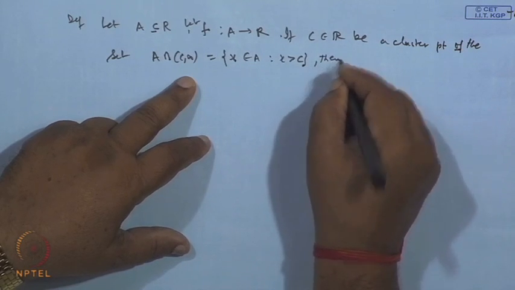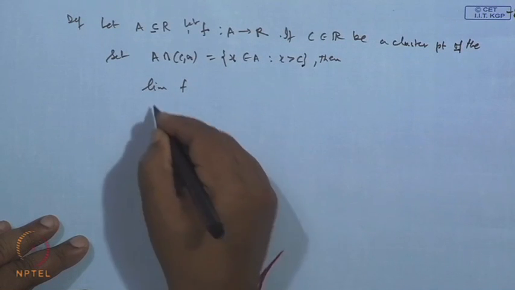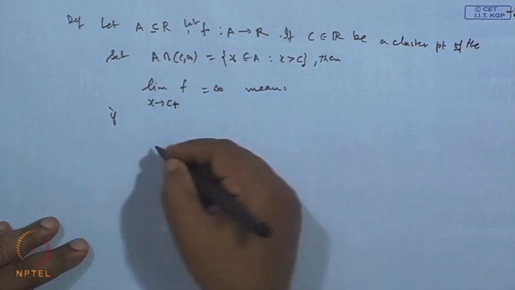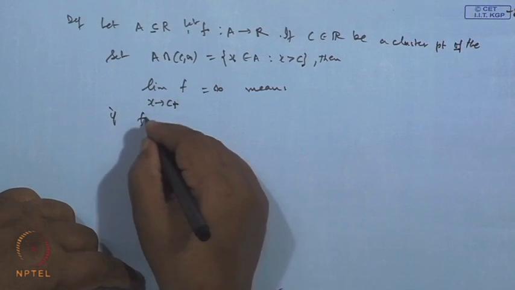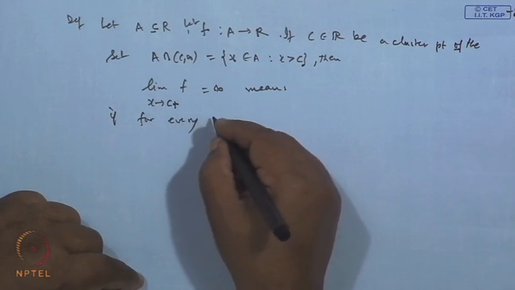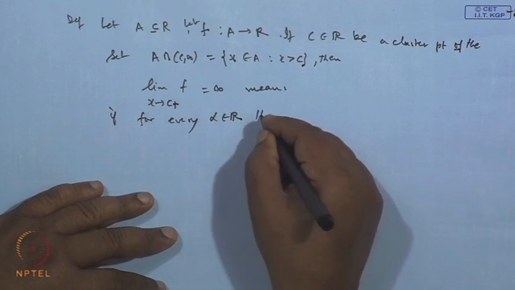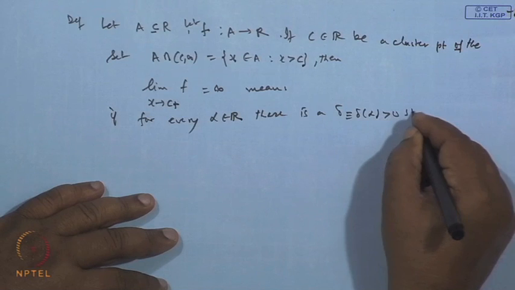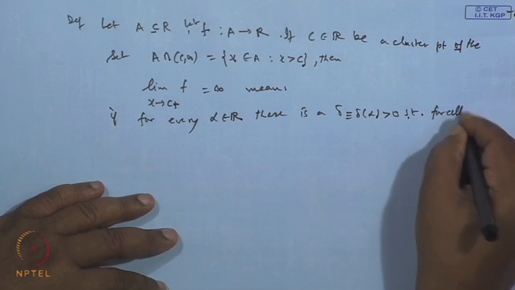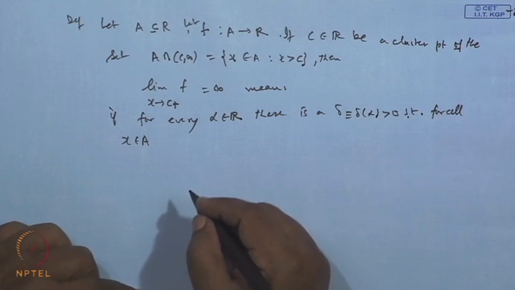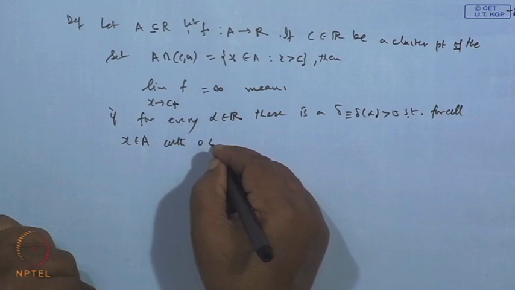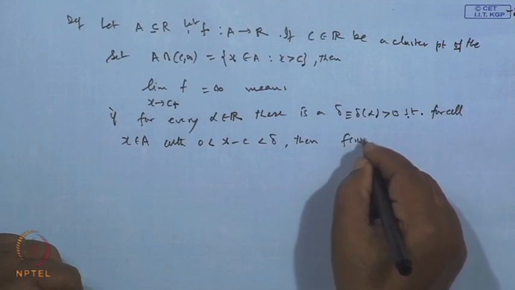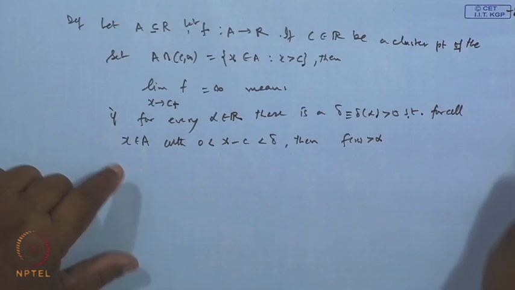Then the limit of f when x tends to c plus is infinity means if for every alpha belongs to R, there is a delta depending on alpha positive such that for all x belongs to A with 0 less than x minus c less than delta, then f(x) is greater than alpha. So, this is the concept of the limit.